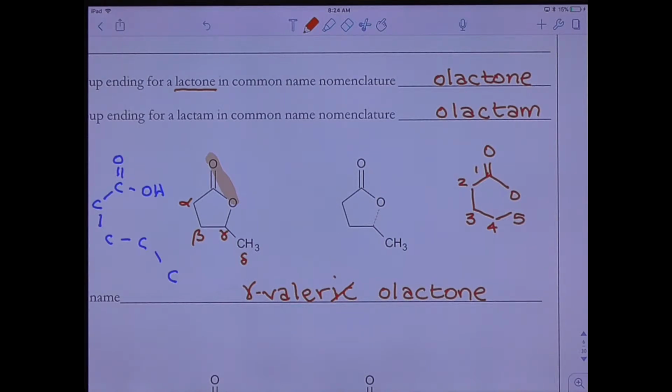It's still a lactone, but they're different compounds. So this one, you would say that it's attached through the delta carbon. Oh, okay. So you're saying delta valerolactone. Okay, that makes more sense.